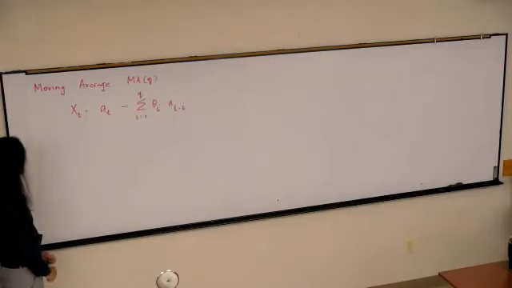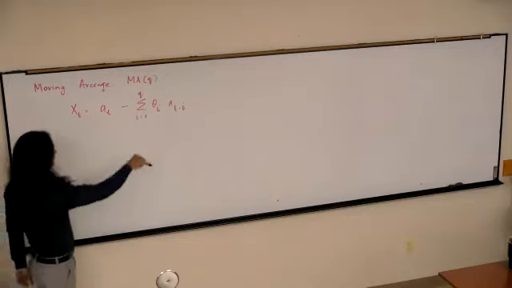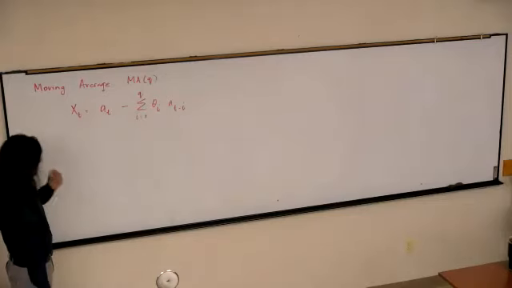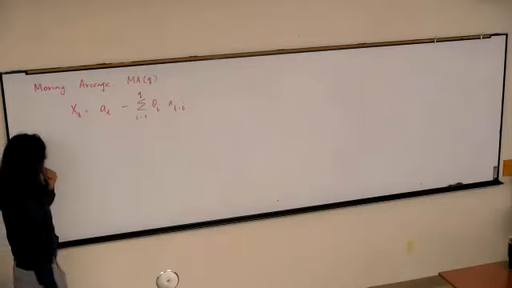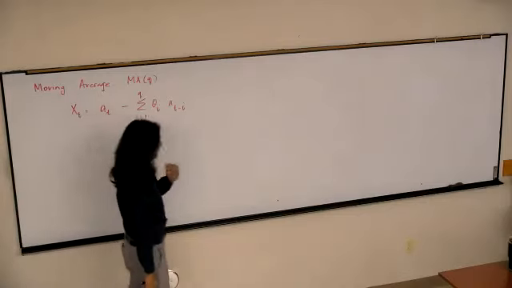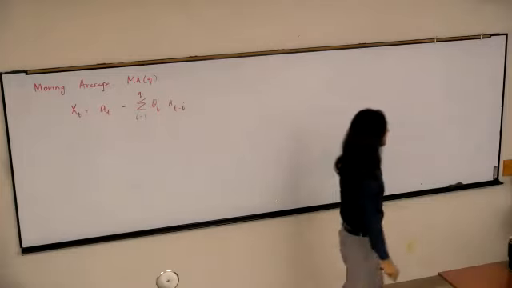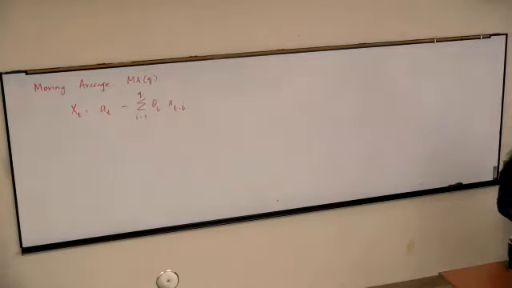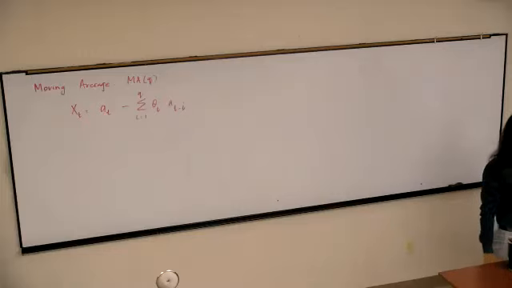So XT is 18 minus all that, and those coefficients, theta 1, theta 2, all the way up to theta q could be any value, as long as they are absolutely summable. Unlike AR, where you need to have decreasing values.